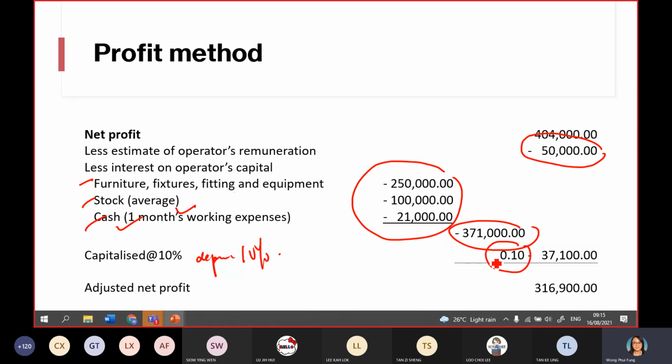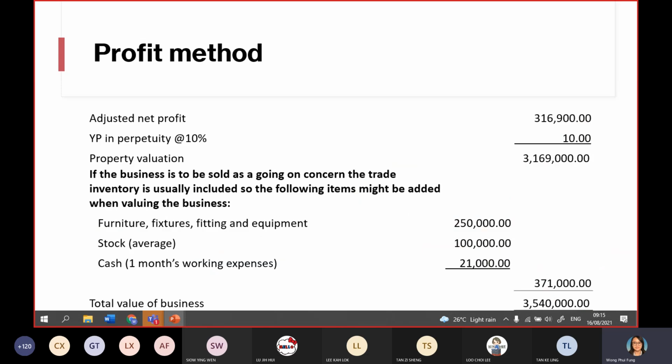So for this part, we assume 10% depreciation. So from this value, you depreciate 10%. So this is a value depreciation. So you minus 37,100. So for this one, the balance, you bring forward to the next slide.